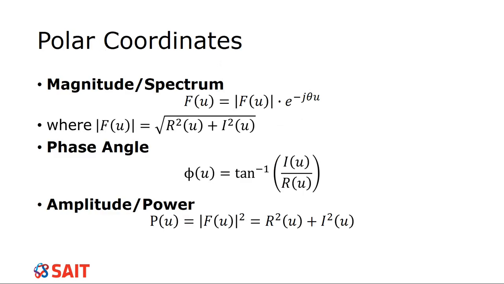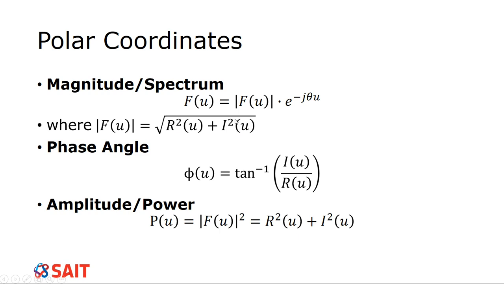So this is where polar coordinates come in. Especially in microwave remote sensing, we separate it up into these three components for polar. The first one is magnitude, so that's also my intensity. And so you can see that this is just the real and the imaginary, and it's the radius, right?